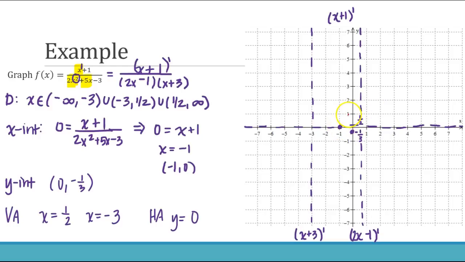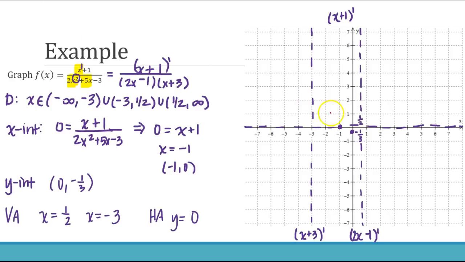So that rule sort of still applies. So the behavior through -1 is I'm going to cut straight through at -1. And if I know that I have to go through this other point, this other y-intercept, that would mean that my graph has to look something like this.